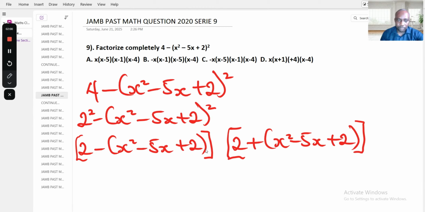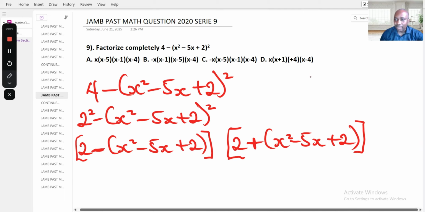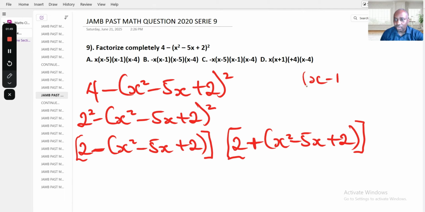Now to expand. The reason why I use minus here and plus here: to expand x minus 1 raised power 2, one will be positive and the other one will be negative. It's the same thing that we apply here, this one raised power 2 and this one raised power 2.